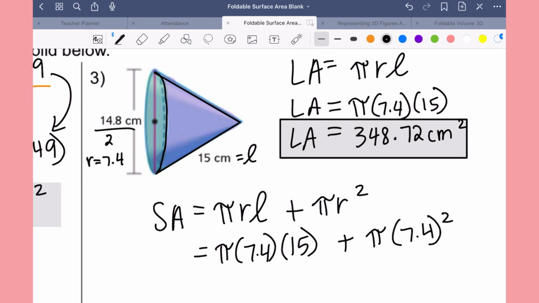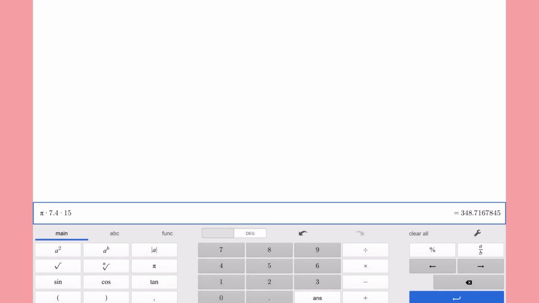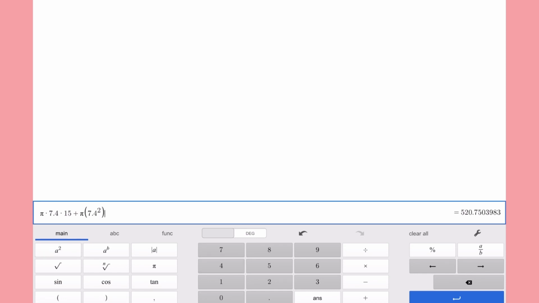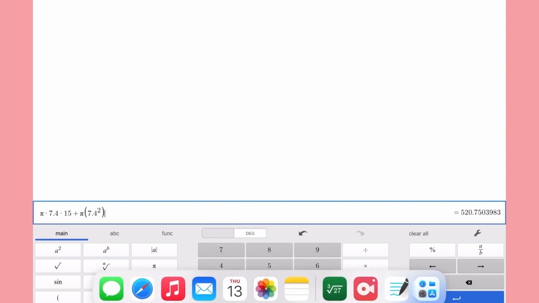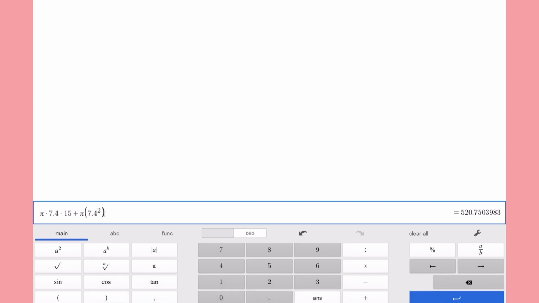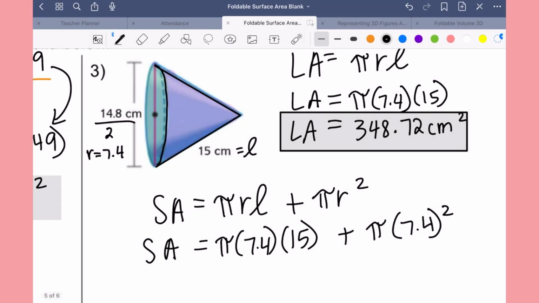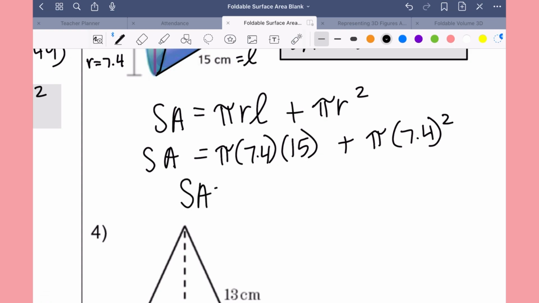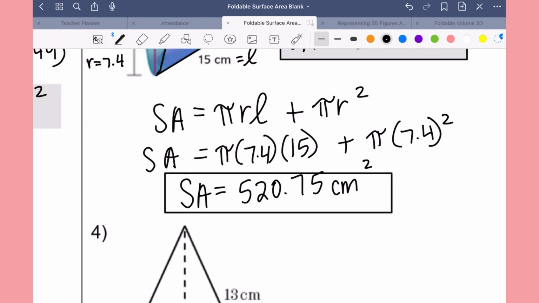So my radius is 7.4. And then we're going to go to Desmos. And notice I already have the lateral there typed up. So now I just add the area of the base, which is pi times my radius, 7.4 squared, 520.75. Right here, you see it? Let's go back. Total 520.75 centimeters squared. So there you have cones and pyramids.